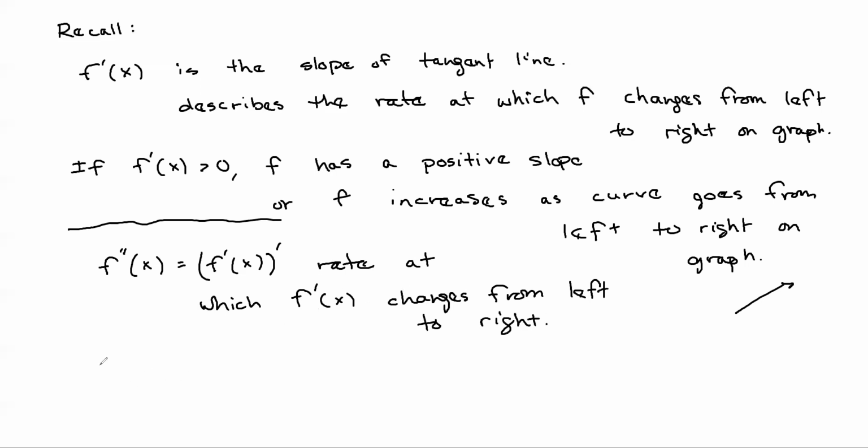In other words, if the second derivative is greater than 0, then f prime increases as the curve goes from left to right.